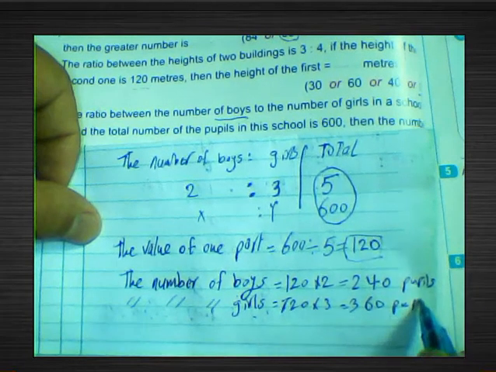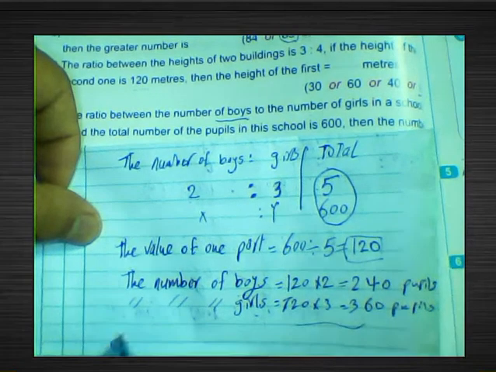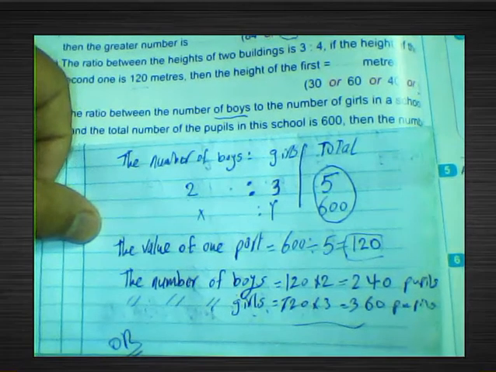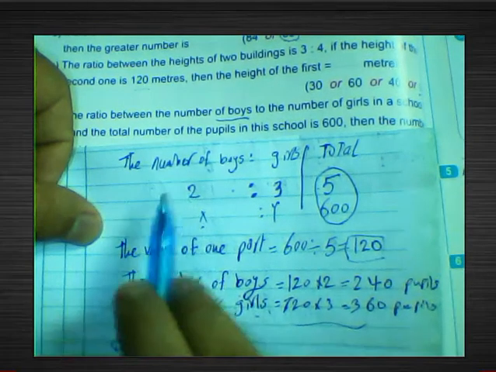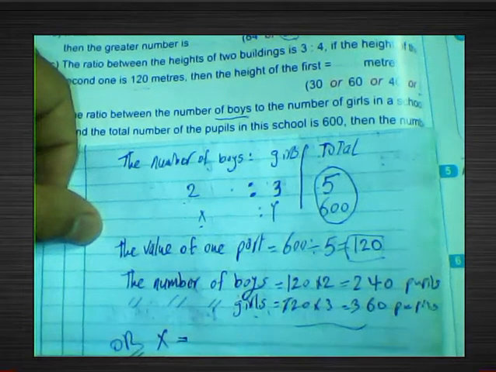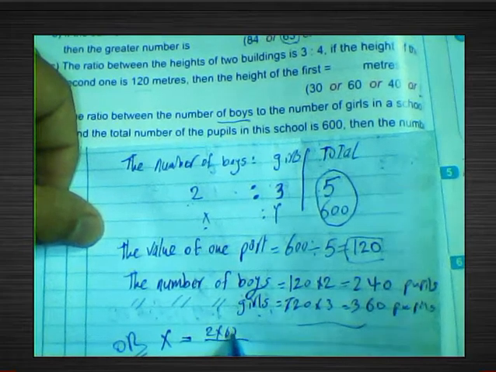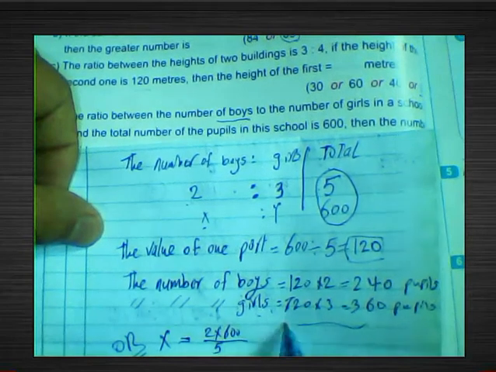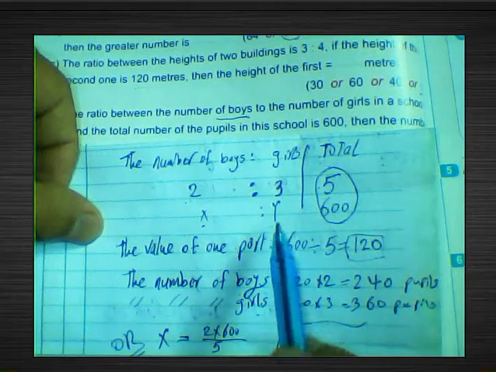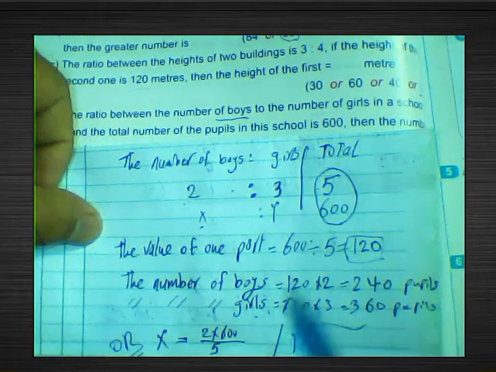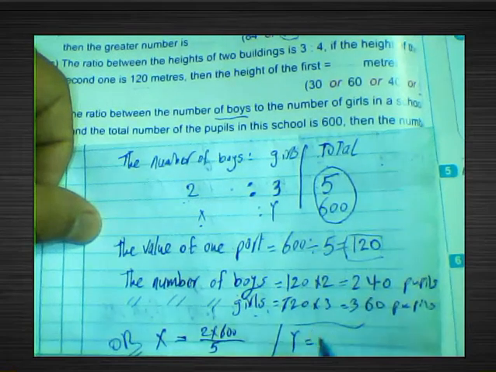Or we can find x and y. x refers to the number of boys, 2 times 600 over 5, and y refers to the number of girls, y equals 3 times 600 over 5.